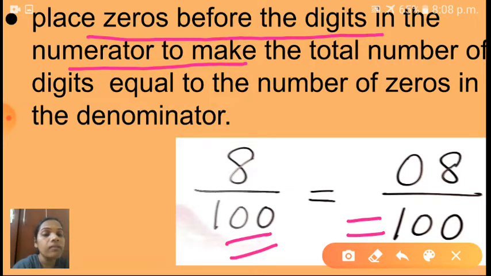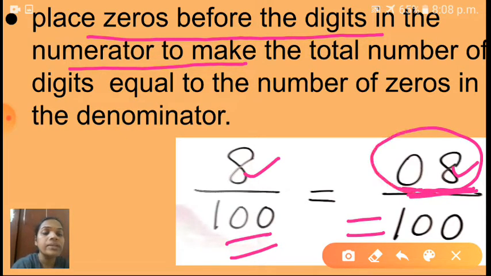Here there is only one digit, that's why before the digit I have written 0. If you write the 0 after the digit, it will become 80. So before the digit you have to write a 0, and the value will not change.